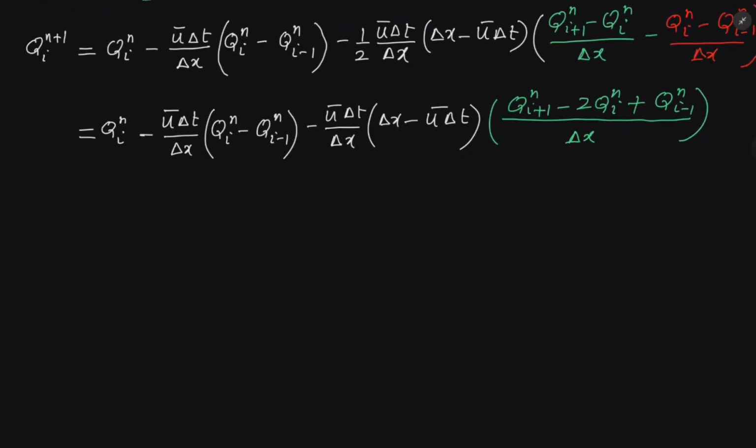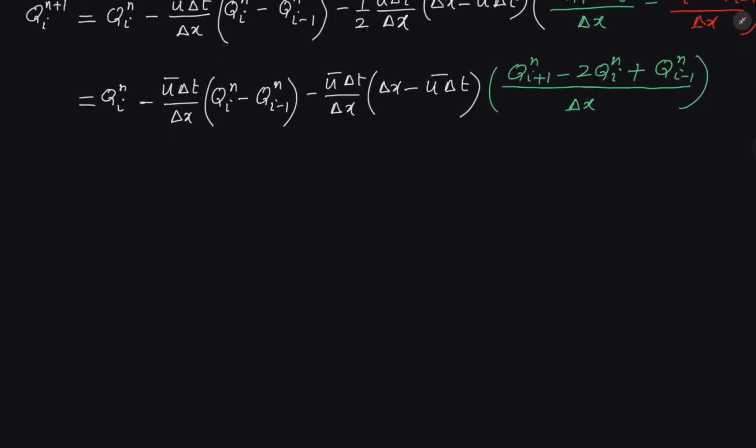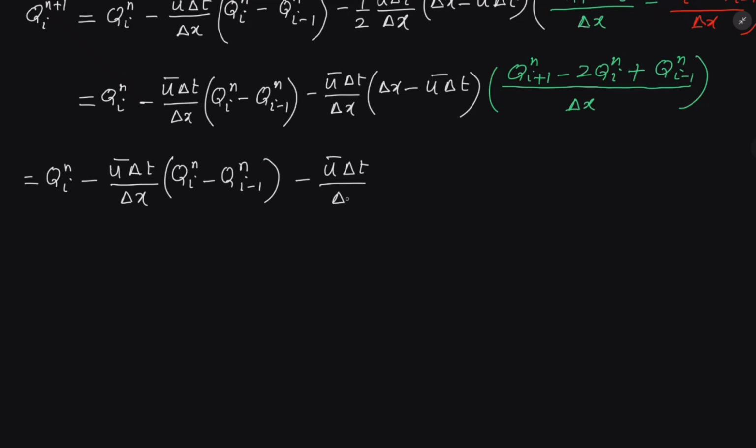So we now multiply these together. q n i minus u bar delta t by delta x, q n i minus q n i minus 1, minus u bar delta t by delta x, and we just need to multiply these two terms first.